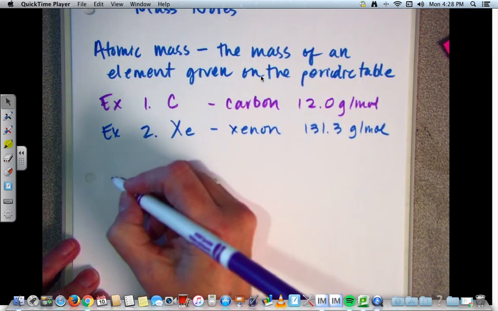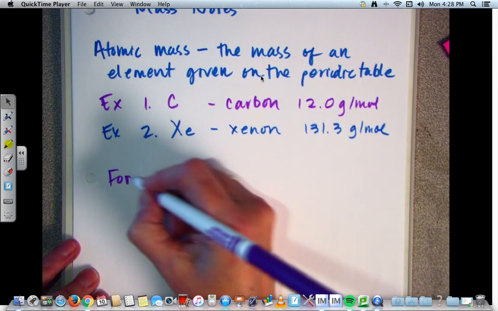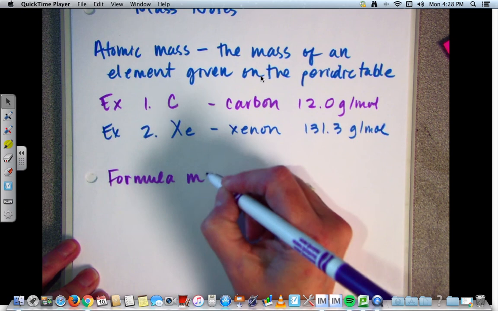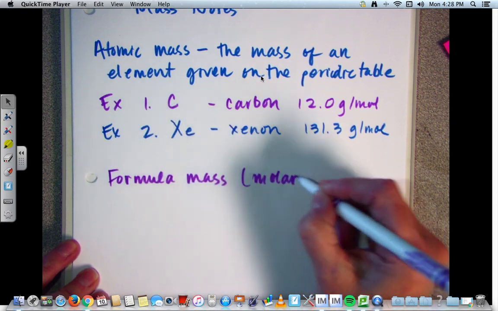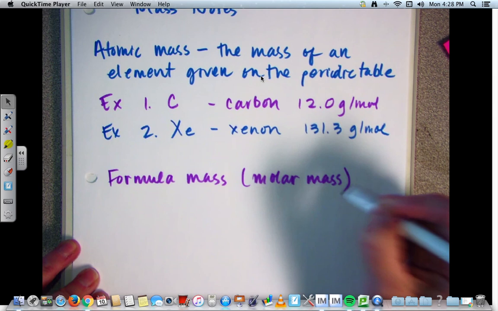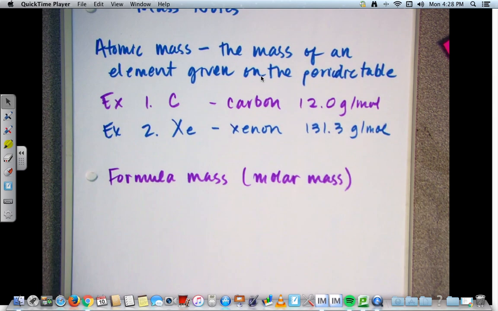Formula mass. Also referred to as molar mass. We also say molar mass when we're referring to atomic mass. Formula mass means we have a formula, so a compound, and we're looking at the total.